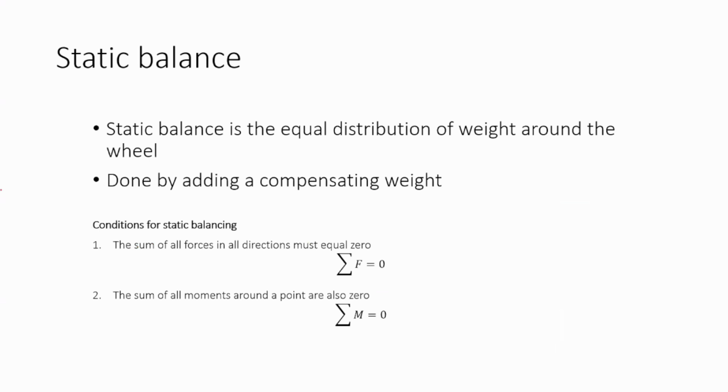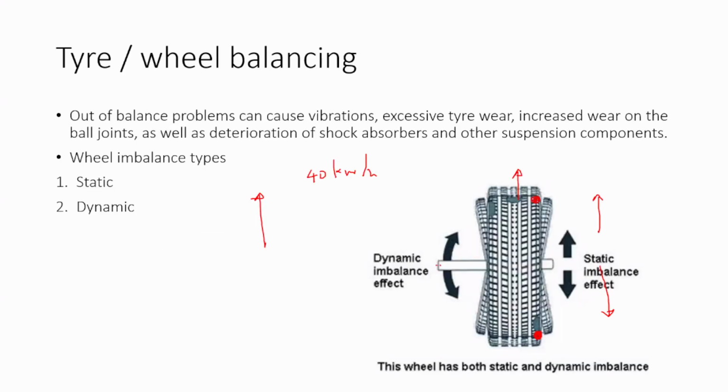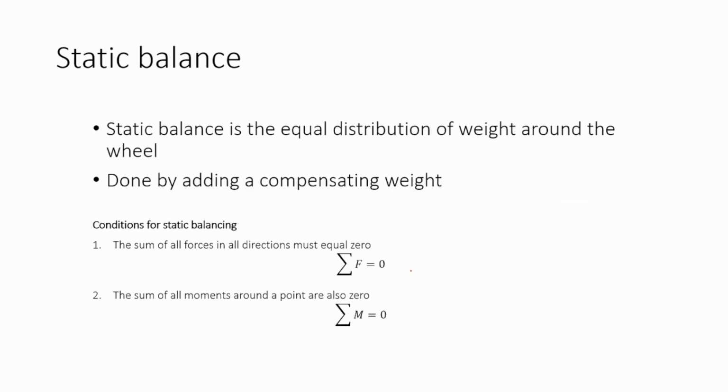So in here, static balance is the equal distribution of weight around the wheel, right? Doesn't matter what is the location. මෙන්න මේ axis එක වටේ උඩ තියෙන weights ටික සමාන වෙන්න ඕනේ යට තියෙන weights ටික. Right? So that is the static balance. But it is done by adding compensating weight.